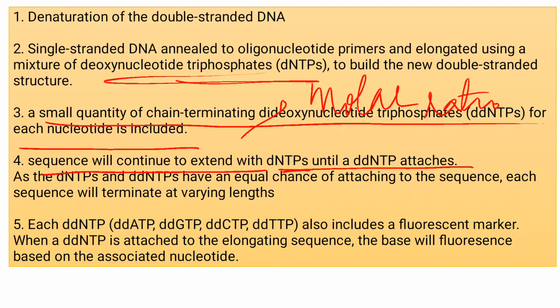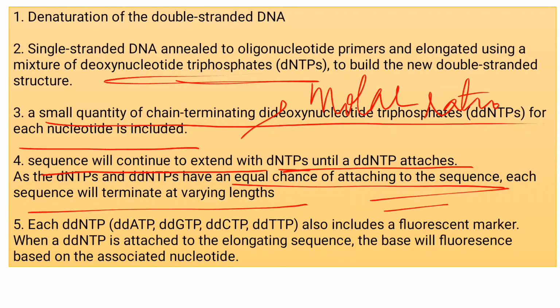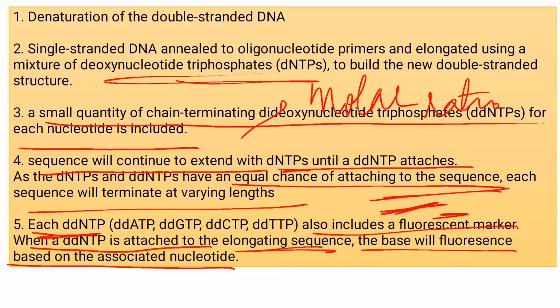There is an equal chance of attaching, so the sequences we get are of varying length, like 2 base pairs, 3 base pairs, and longer fragments. Each ddNTP has a fluorescence marker, so when a ddNTP is attached to the elongated sequence, the fragment fluoresces according to the associated nucleotide.